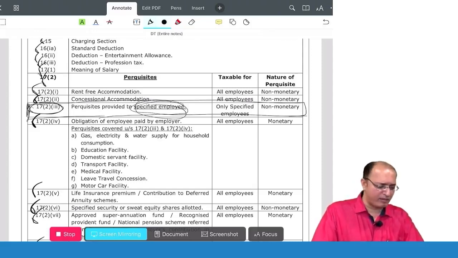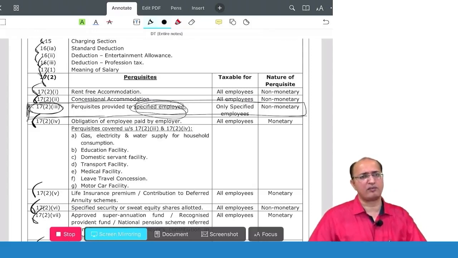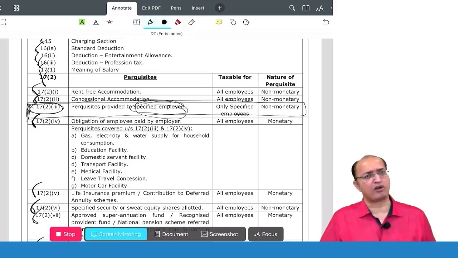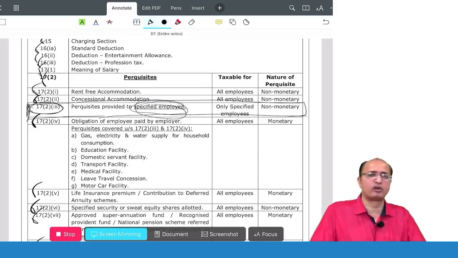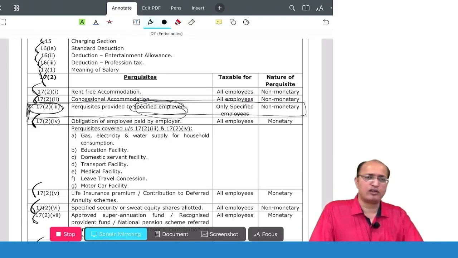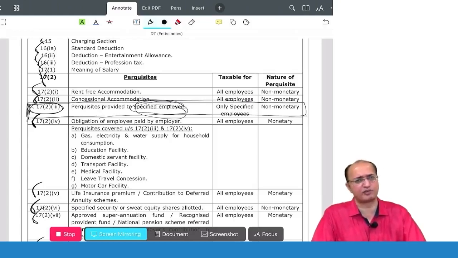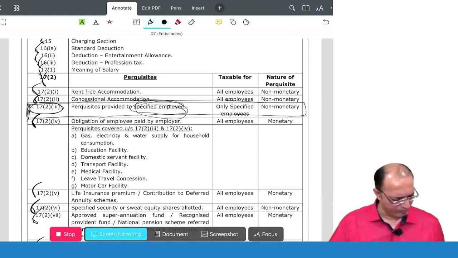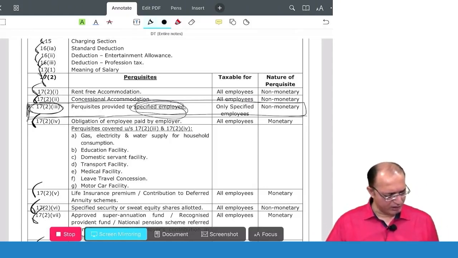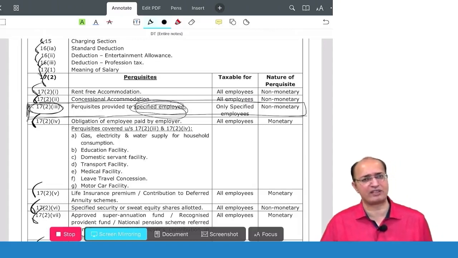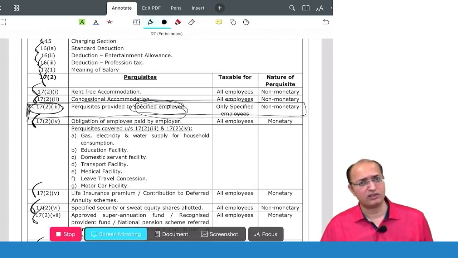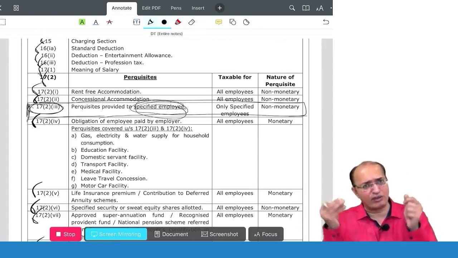Am I talking about a specified employee, a non-specified employee, or both? When I use the words all employees, definitely I am talking about specified as well as non-specified, both. Are you understanding what I am trying to tell you?